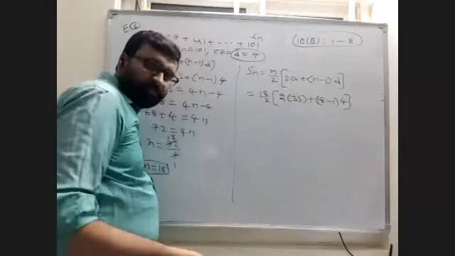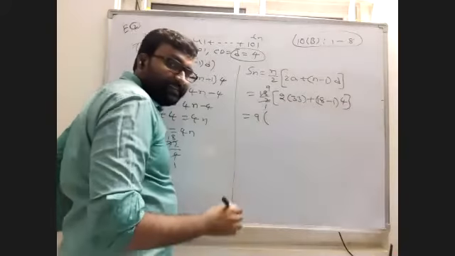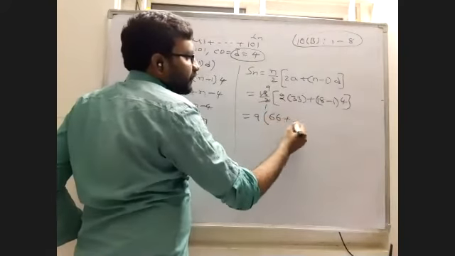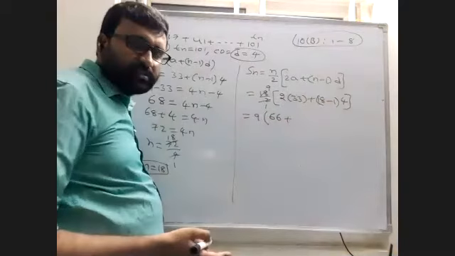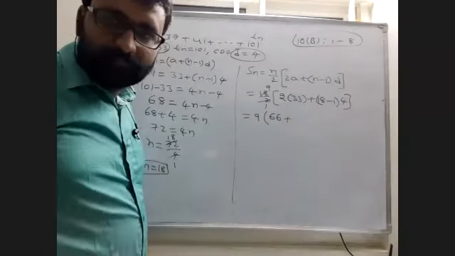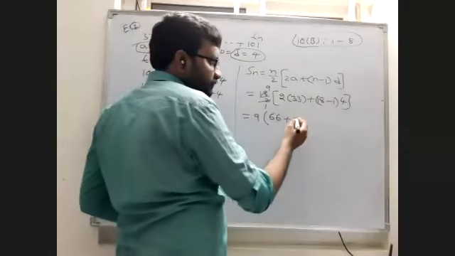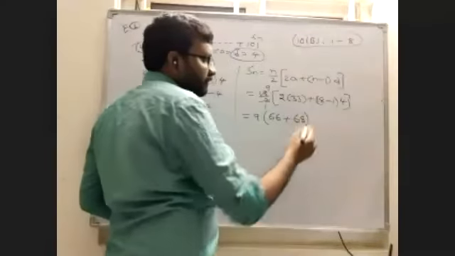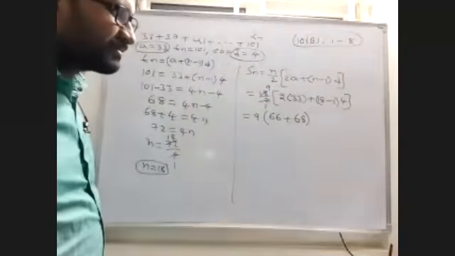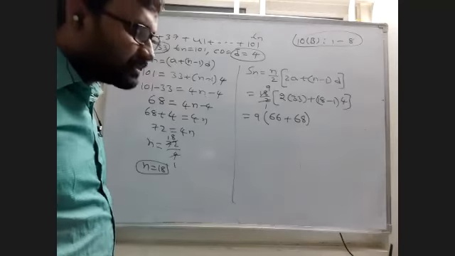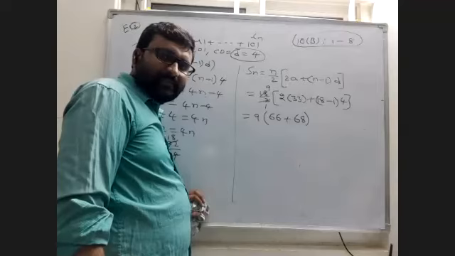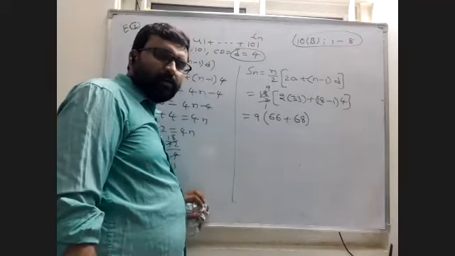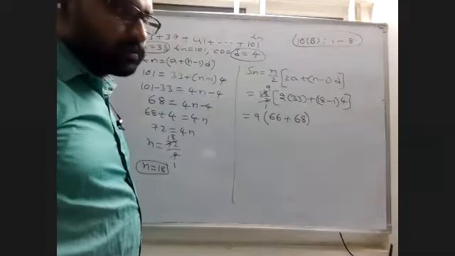So that you have to do actually. 2 into 9, that is 9 into (2 into 33, 66, plus 18 minus 1, 17, 17 into 4, which is 68).